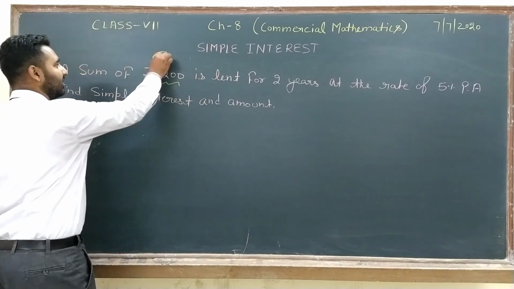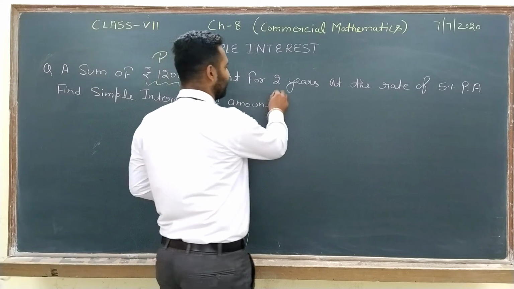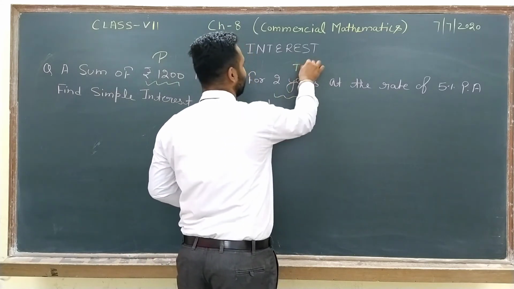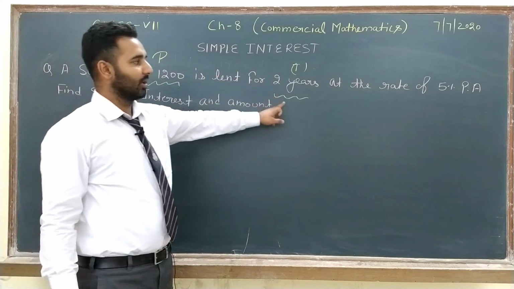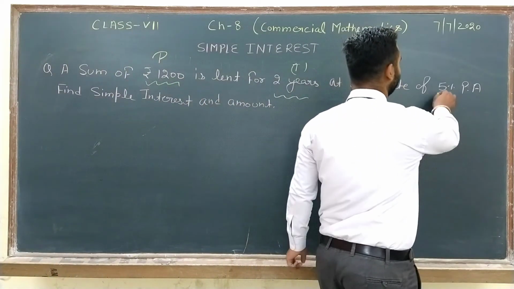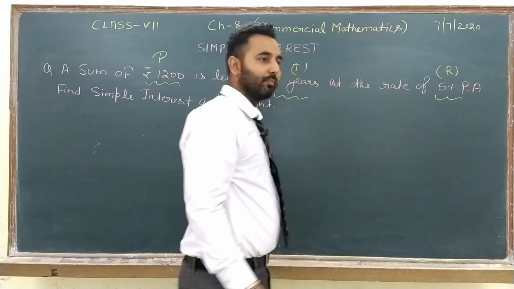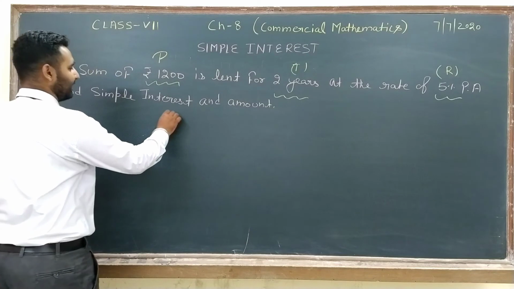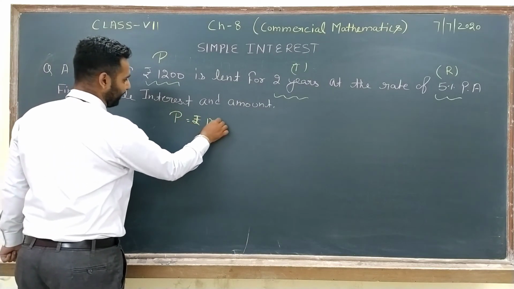Means this is the money which we are borrowing and this is the time period. The money which we borrow is principal, this is time, at the rate of 5% per annum. So this will be our rate of interest. Fine. So principal is given to you, rupees 1200.